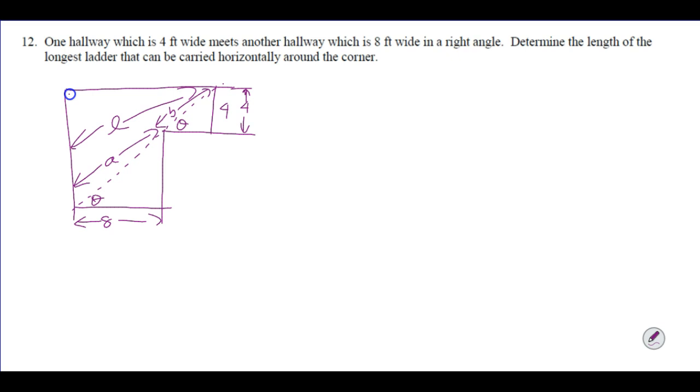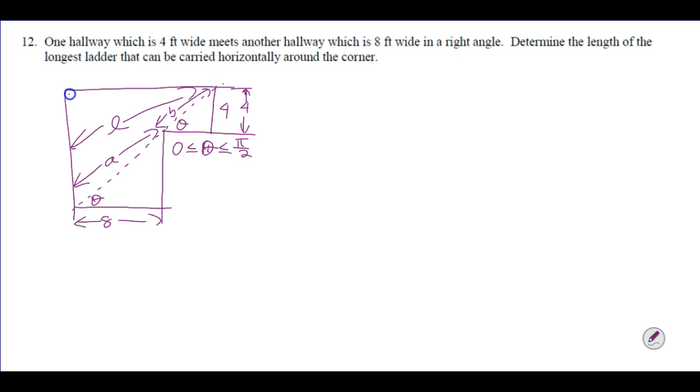So what kind of angle can I approach this at? 0 degrees, if you had a 0 degree angle, the ladder would come along here, and then 90 degrees. So theta can be anywhere, and it actually can be 0 degrees here, because it's not really a triangle we're worried about. It's the angle.